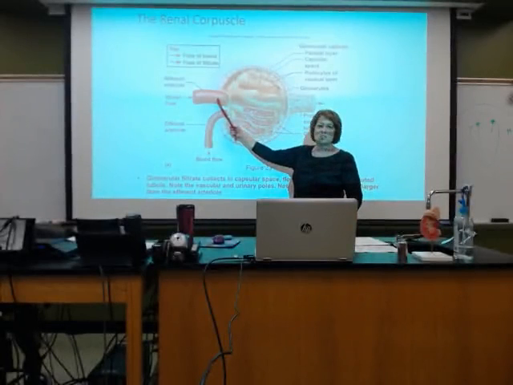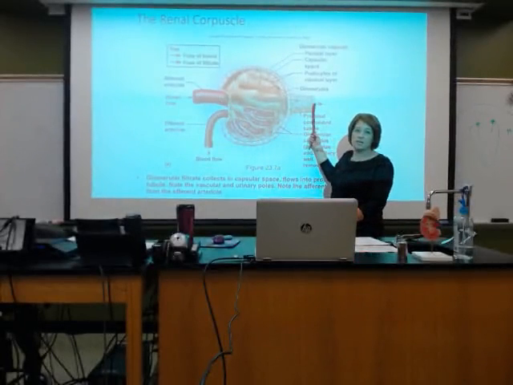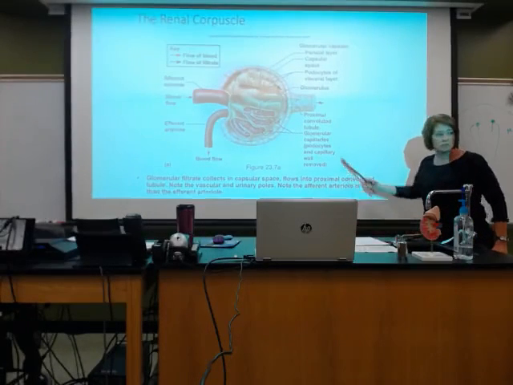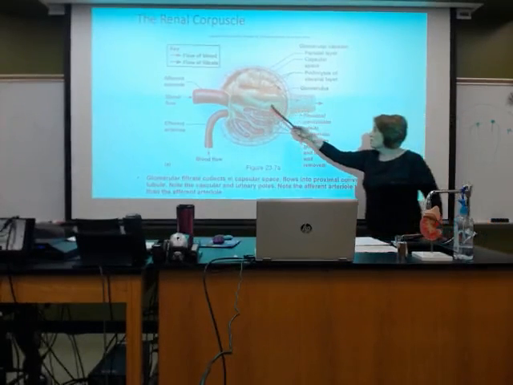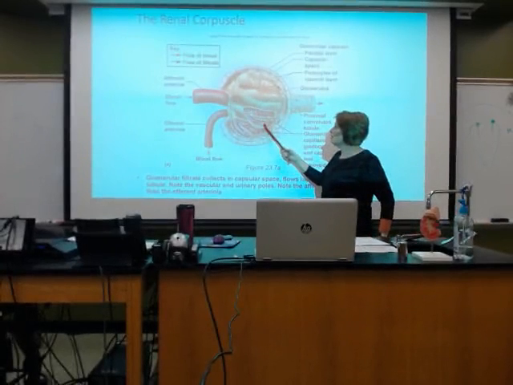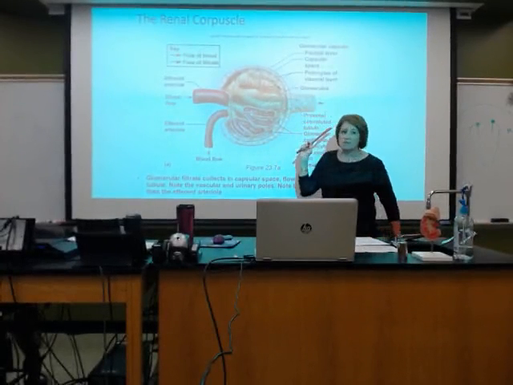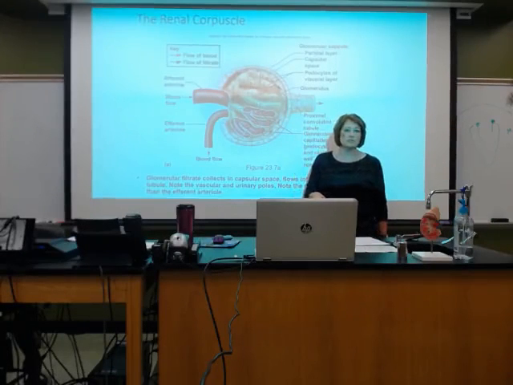So what I'm finding is I've got this whole capsule right here. This is my vascular pole. This is my urinary pole, because this is going to lead to those tubes. So this blood under pressure is getting in contact with those cell layers, the simple squamous epithelium.